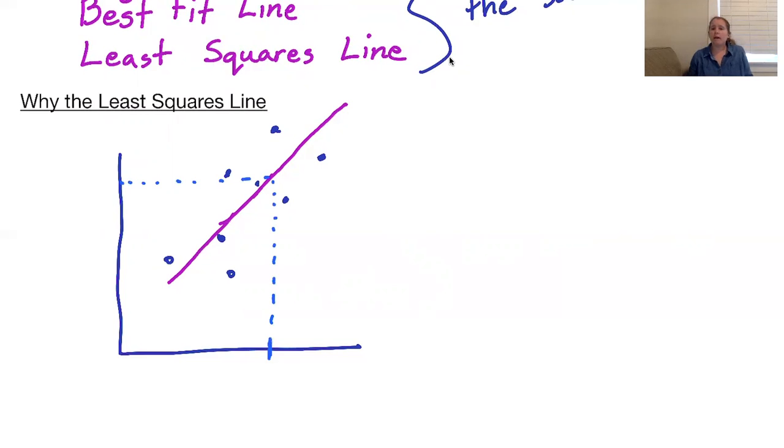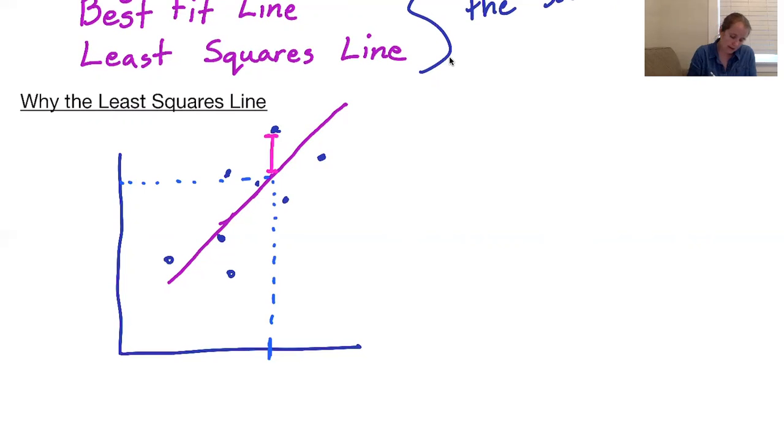But then we have at the points things that actually happened, what was actually observed. So each point may or may not fall on the line, and that distance from the line up to the point or down to the point is essentially the error in what the line would predict versus what actually happened for that individual.